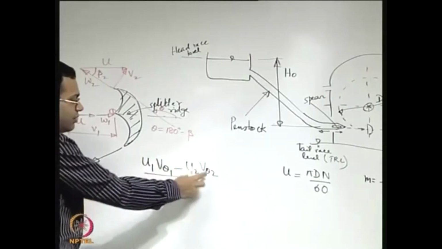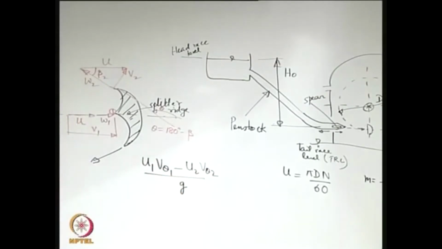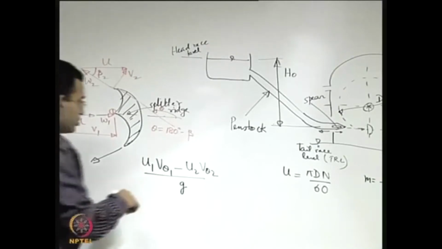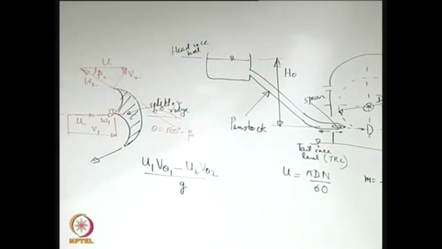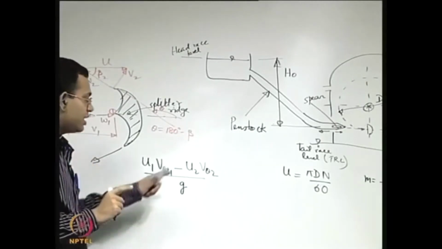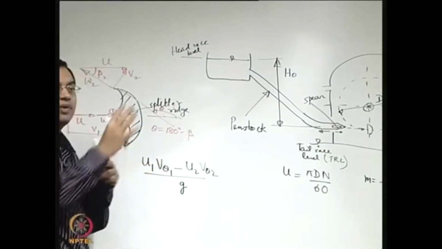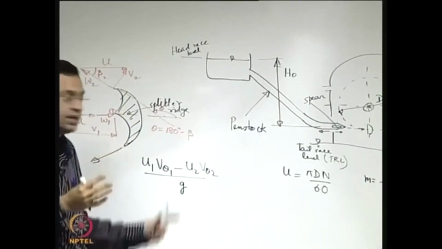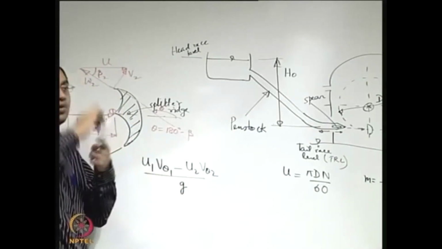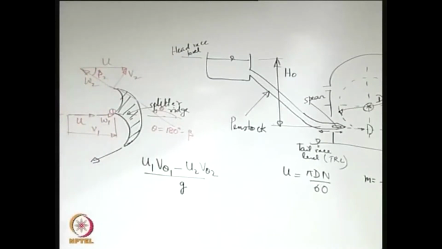This difference is the head that is being imparted to the rotor. It is the same formula, but just remember it is reversed compared to the pump, because the direction of energy flow is reversed. For the pump it was u2 v theta 2 minus u1 v theta 1 by g; here it is the other way, so points 1 and 2 are just exchanged.